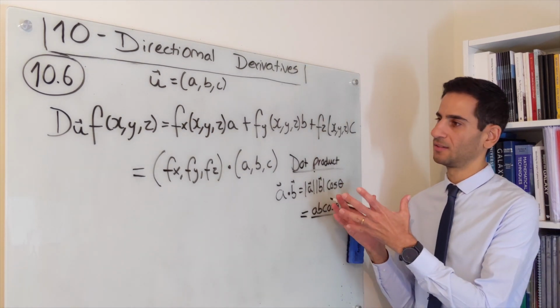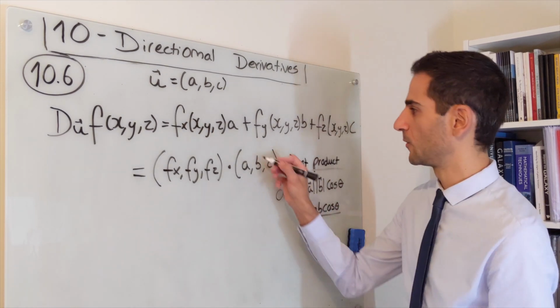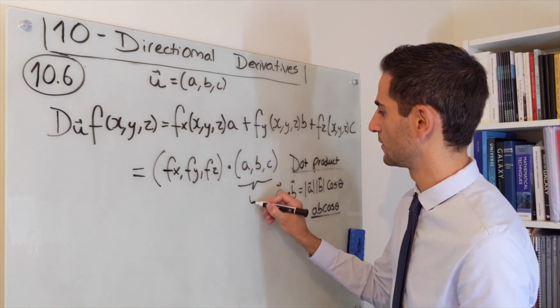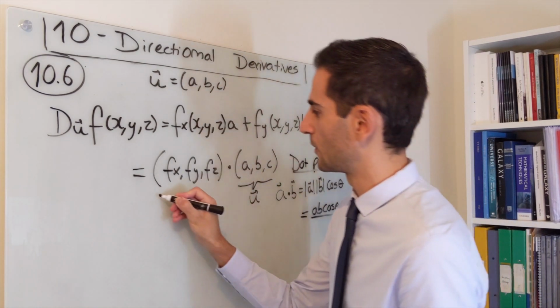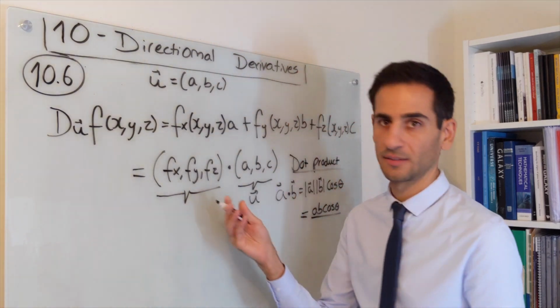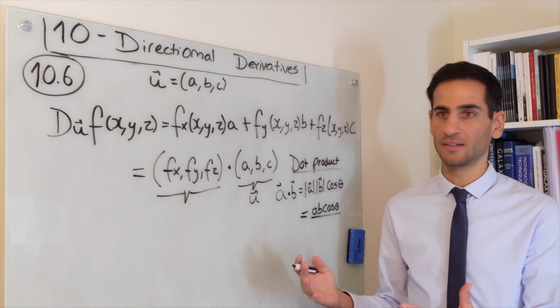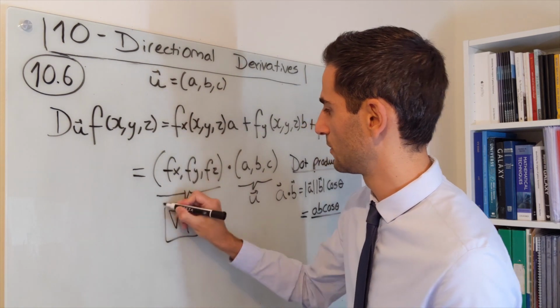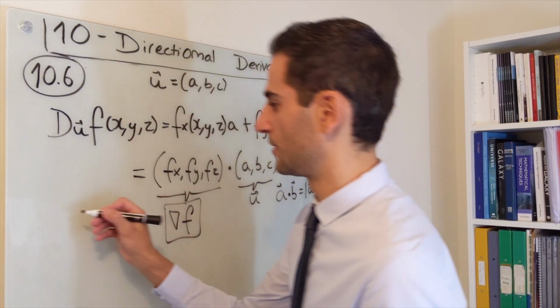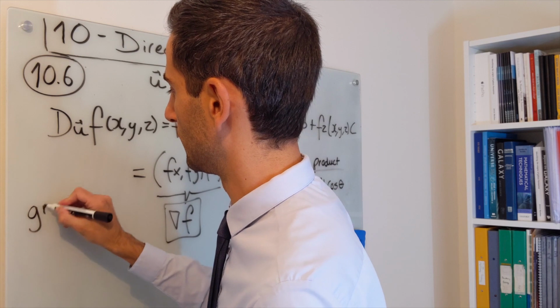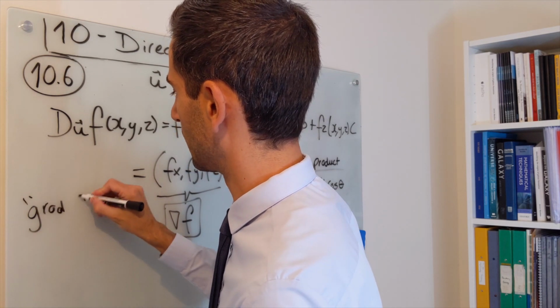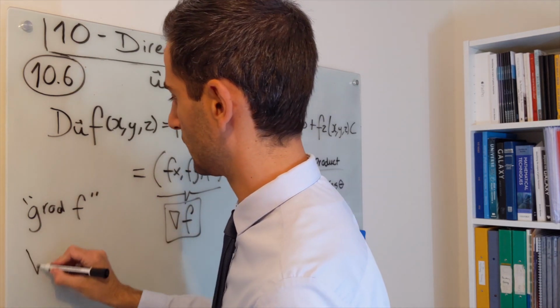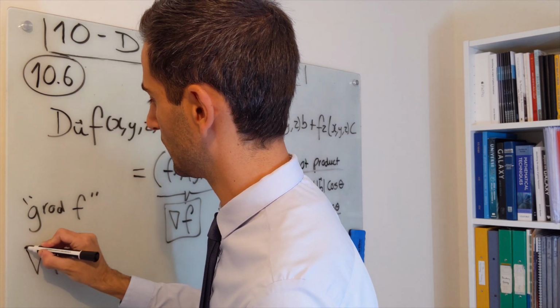Now, because this is a dot product of two vectors, we already know which vector this is. This is the unit vector. What we can have a look at is what this other vector is. And this is called the gradient of f. The gradient of f is usually written as grad f, and it is written with a symbol.